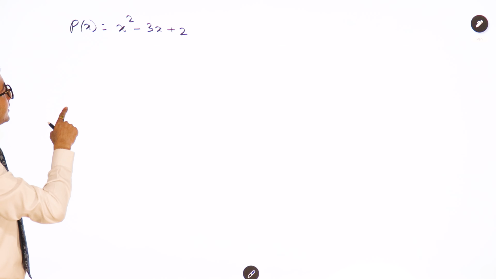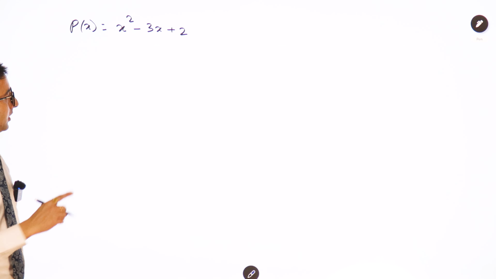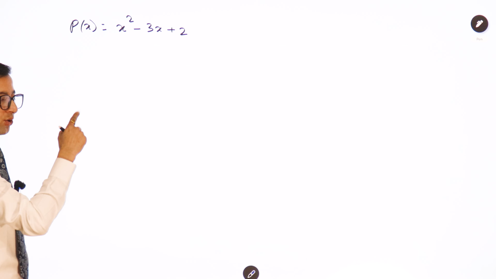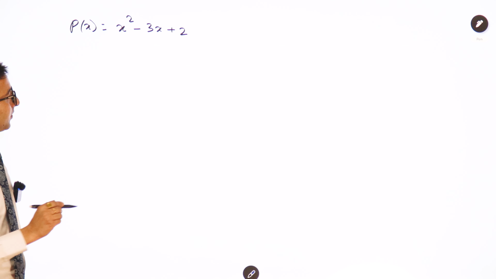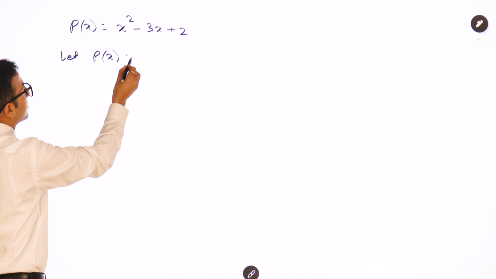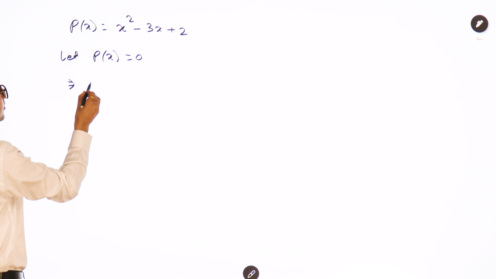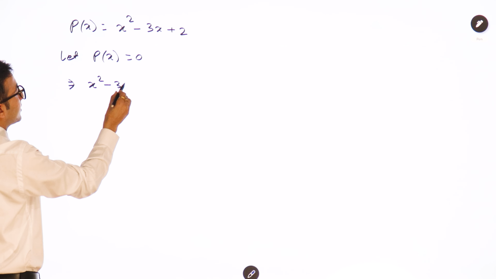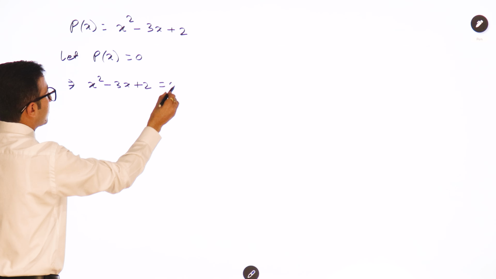You can see that this is a quadratic polynomial. We need to find its roots, the zeros. For that we will assume first that p(x) equals 0, which implies x square minus 3x plus 2 equals 0.